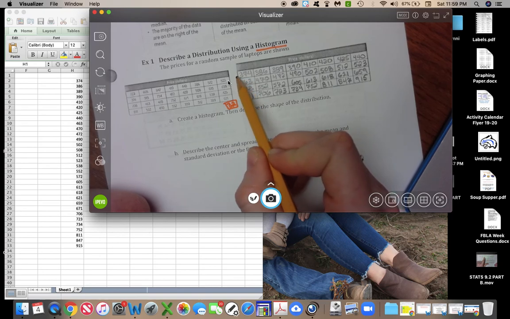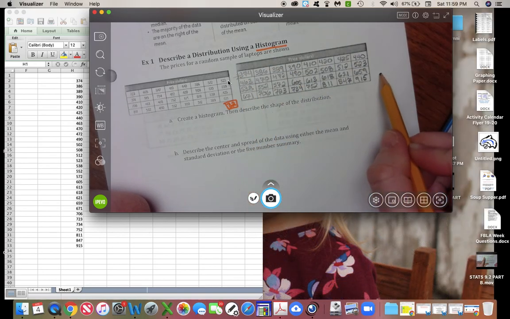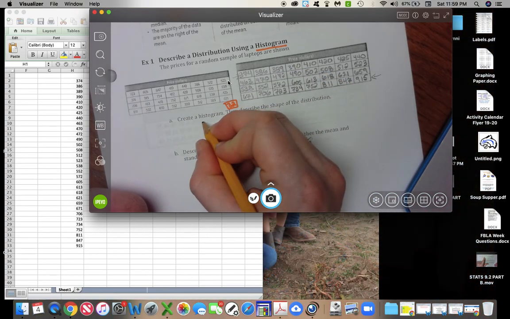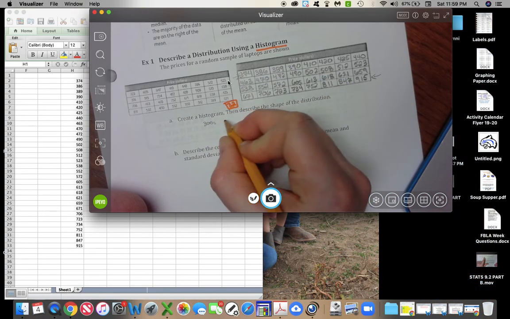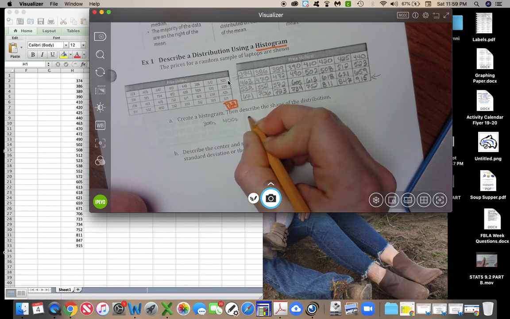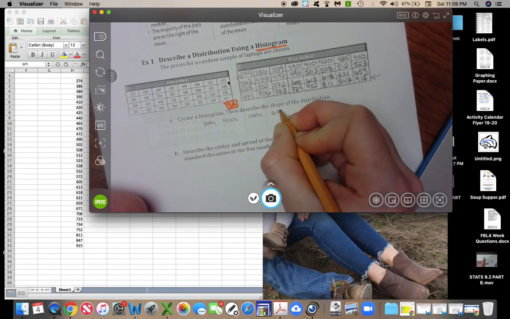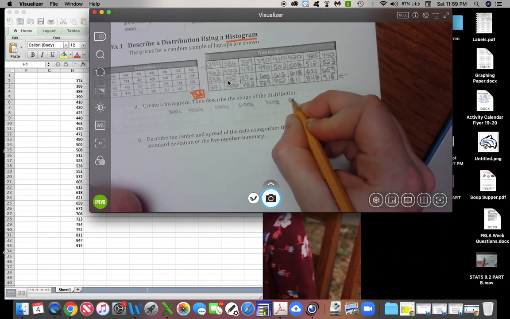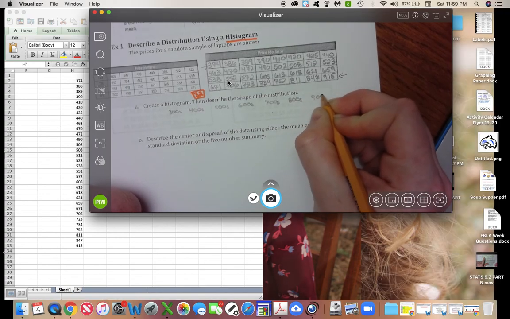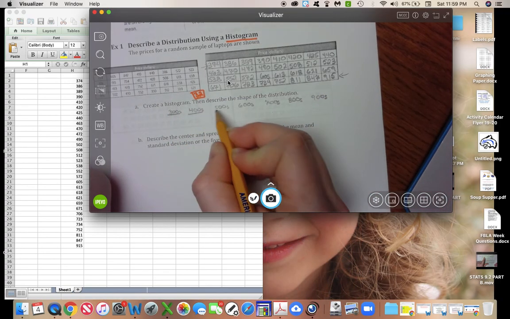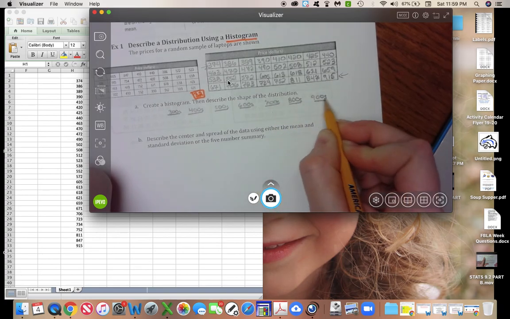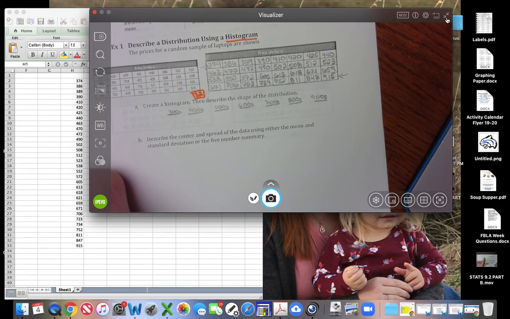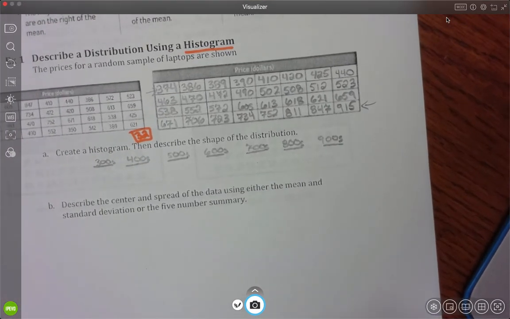I think that since we have numbers in the 300s and our last numbers in the 900s, maybe it would be beneficial to go like 300s, 400s, 500s, 600s, 700s, 800s, and 900s. Okay, and then figure out how many are in each category. That's probably the best route to go. Otherwise, if we go more frequent than that, we're going to end up with a ton more categories. That's already 7 categories right there.